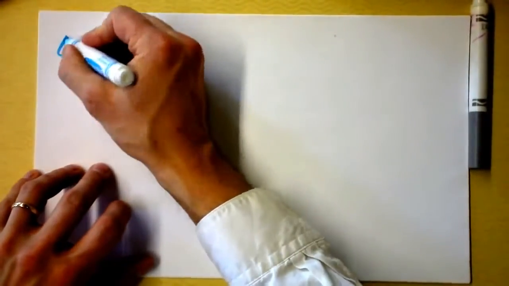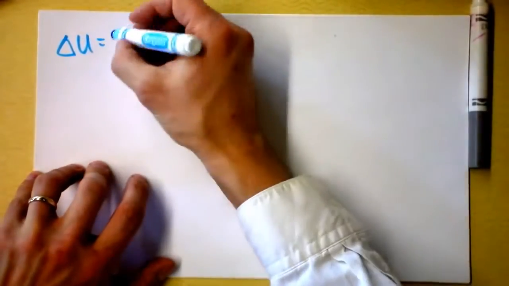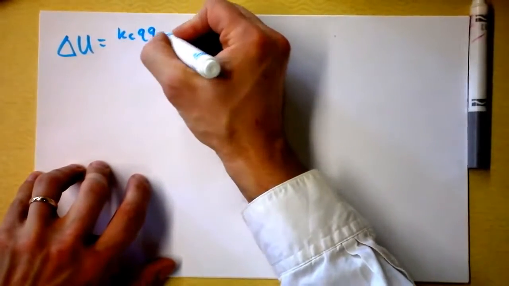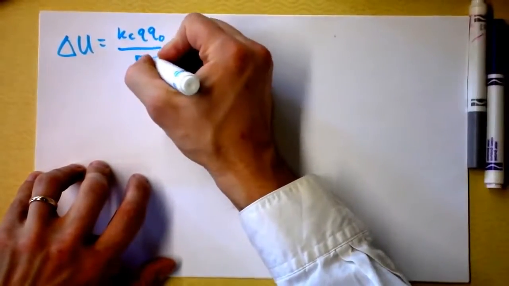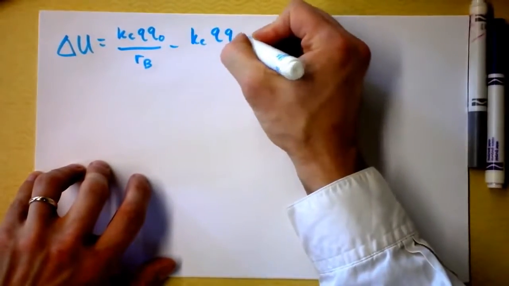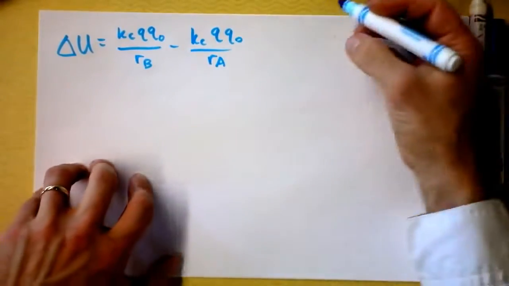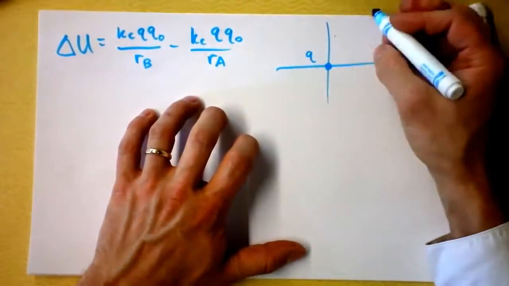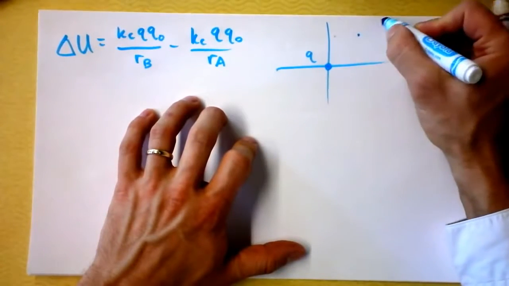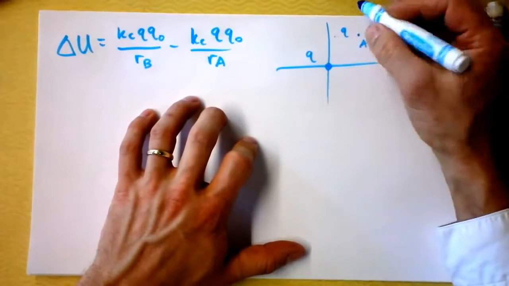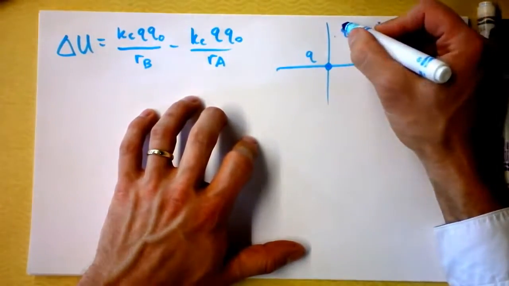And I find that the change in energy is Kc times Q Q0 over Rb minus Kc times Q Q0 over Ra. And to remind you, we had a charge at the origin that was Q and a charge over here that was going from A to B, and that charge initially started at A and it was Q0.